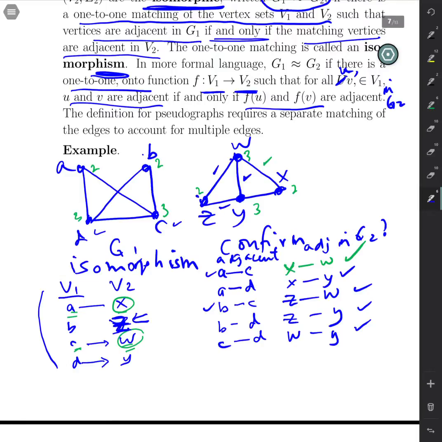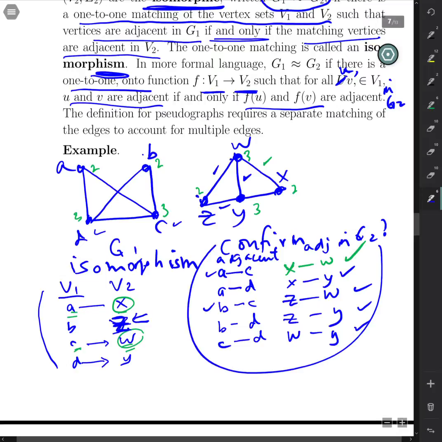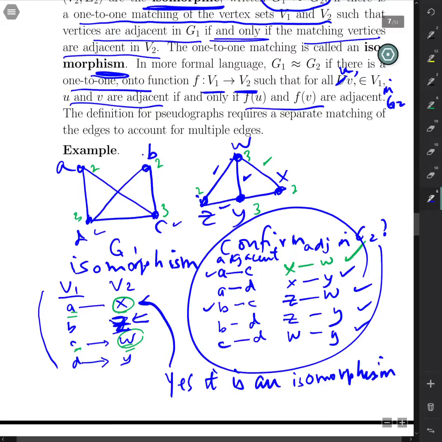And then we already have all three of them with D, so that does it right there. So yes, it is an isomorphism. What is it? The matching. And G1 is isomorphic to G2. Okay? We'll do more of this in the next video.